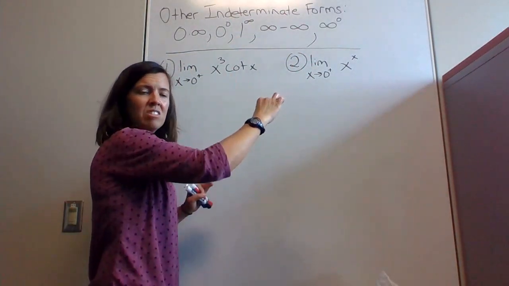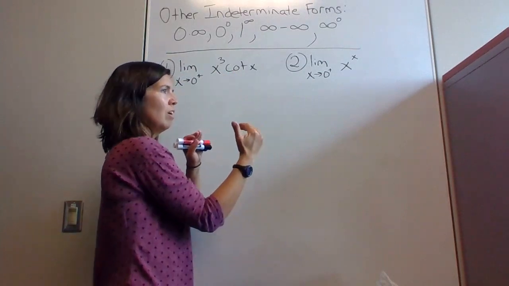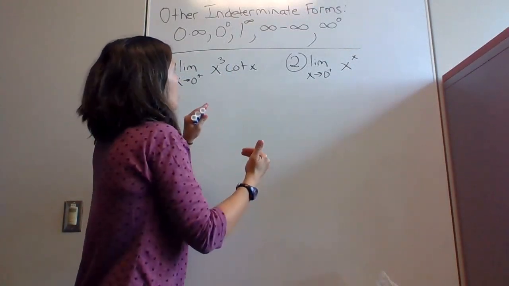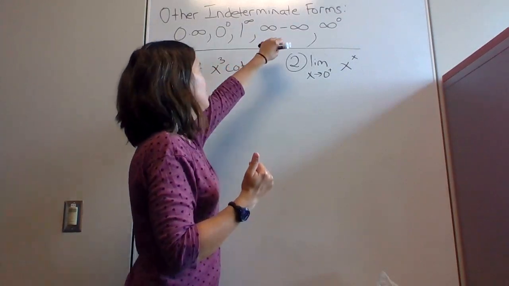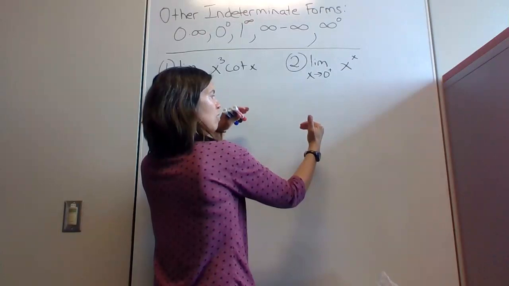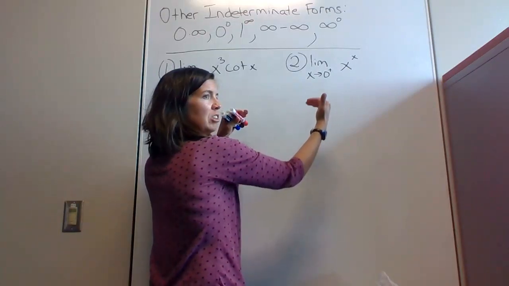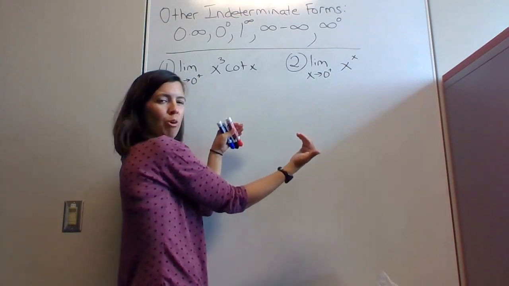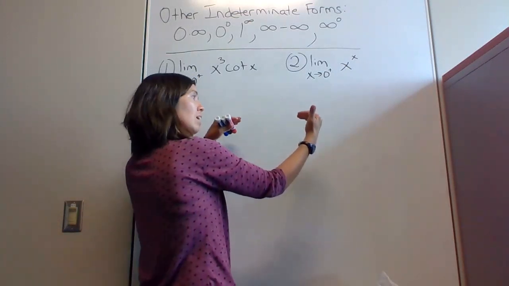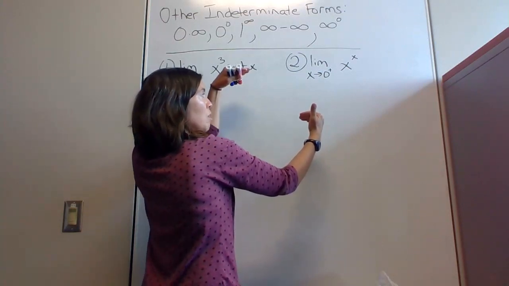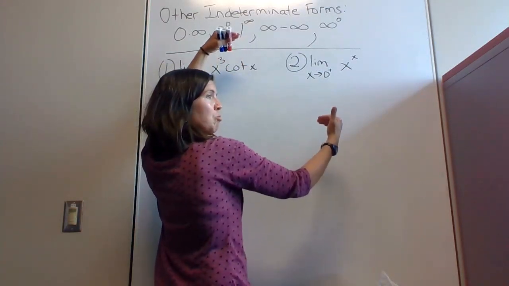In each of these cases, and I've talked about this in class maybe, there's a push and a pull going on. So take the infinity minus infinity example. You've got one expression that's increasing without bound minus another expression that's increasing without bound. That in itself won't allow us to determine the limit, because suppose that the expression in front is increasing much more quickly than the expression in the back.